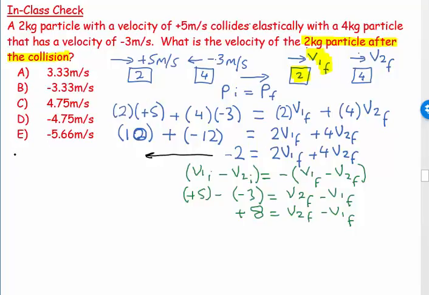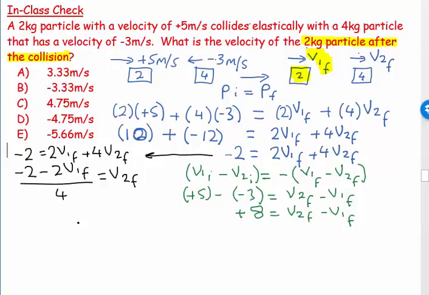So if minus 2 is equal to 2v1 final plus 4v2 final, I deliberately isolate for v2 final. So I can say minus 2 minus 2v1 final, all over 4, is equal to v2 final. So I rearranged my first equation to get v2 final by itself.